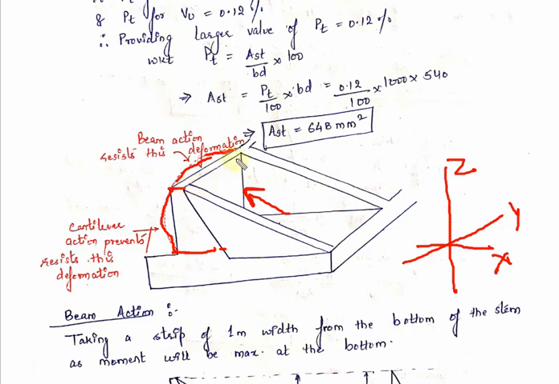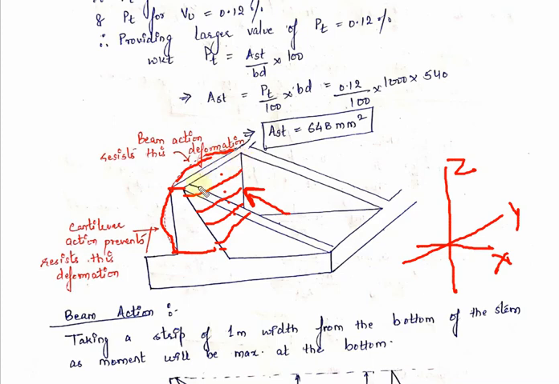Now if you see the stem in the y direction, the stem can be assumed to be composed of several strips of 1 meter width. Each strip is fixed at both ends. So we can say that each strip of the stem behaves as a beam whose ends are fixed.